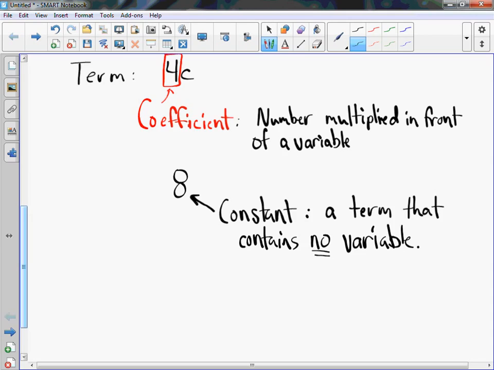Okay? It'll always be 8. No matter what we plug in for a variable, it'll always be 8. Okay? That leads us to evaluating an expression.